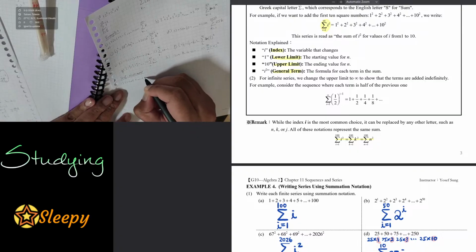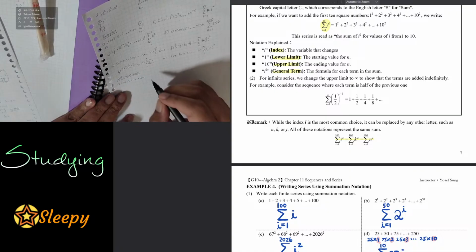So this is the first one. So self-assessment 1, 2, 3, right? So okay, so self-assessment. The first one is Big Sigma.